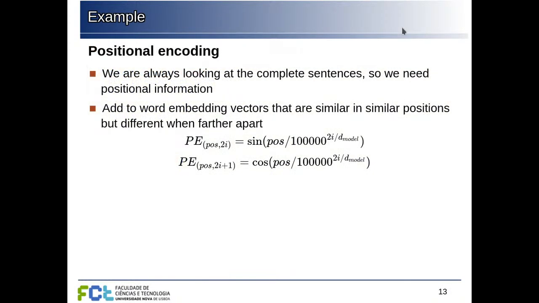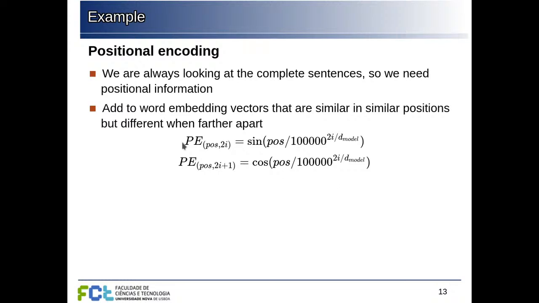Okay, so another thing that we need to do is to add positional information to the words, because we are not using a recurrent network. We are using a feed-forward network and looking at all the words at once. So we want to have some indication of how close together the words are in the sentence or further apart, and so on.